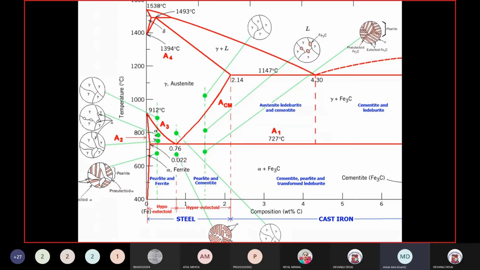Once you move towards the right hand side, the carbon content is in increasing order. So your alpha ferrite has very little carbon content, exactly a negligible amount.